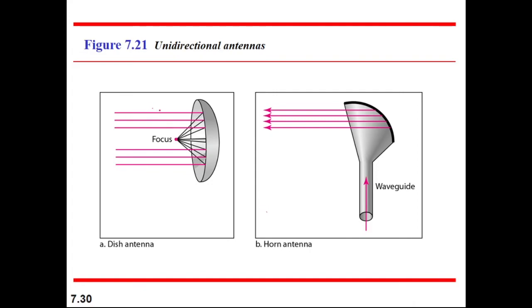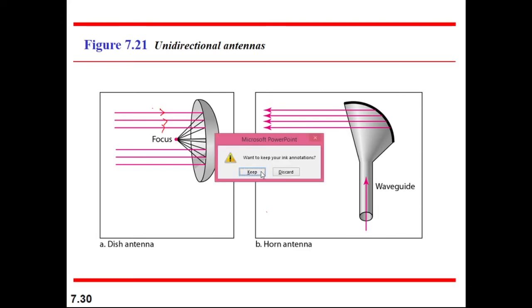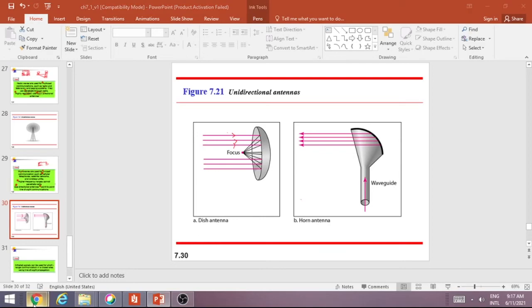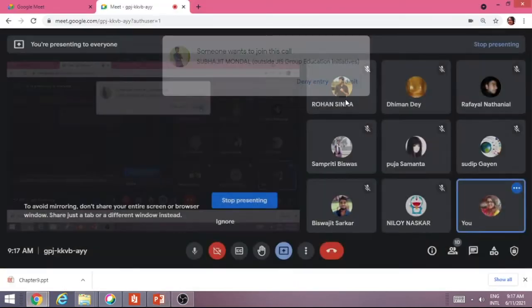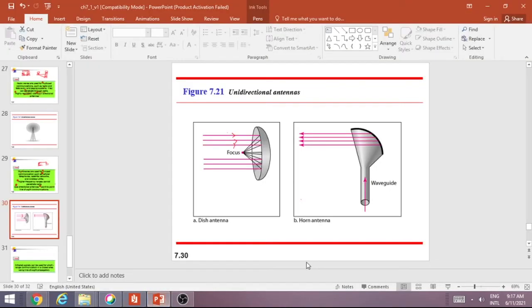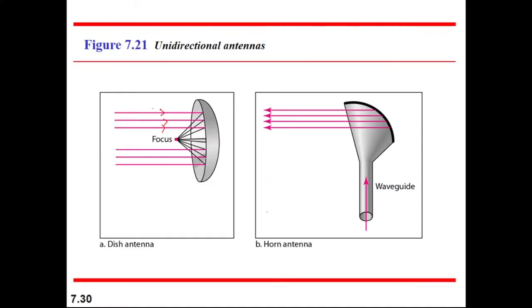The signals can pass through this antenna, and the signal can be provided to a particular location. Okay, this is the focus, so it can pass to a particular location.